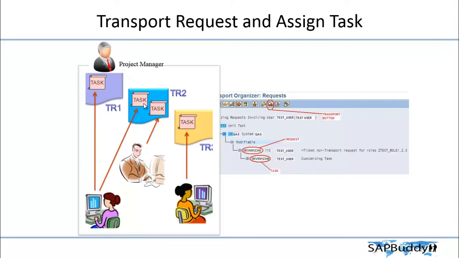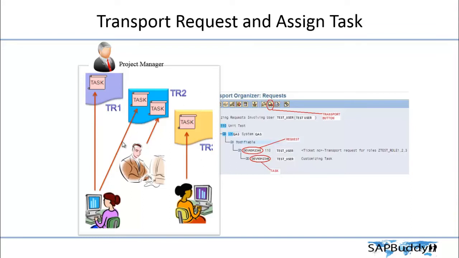If you see another TR which has 2 tasks, the same user is also doing some changes in this task as well. And you can see in the same TR you have another task which somebody else is working on. In the third scenario, you have one person working in one TR and one task.